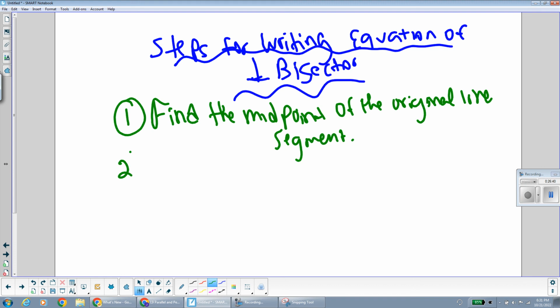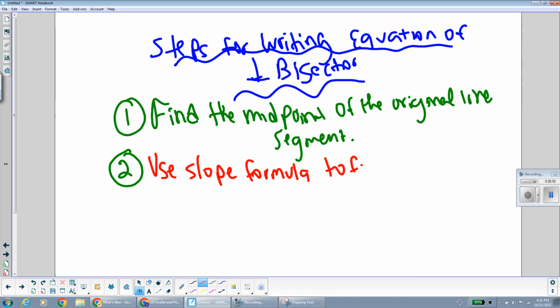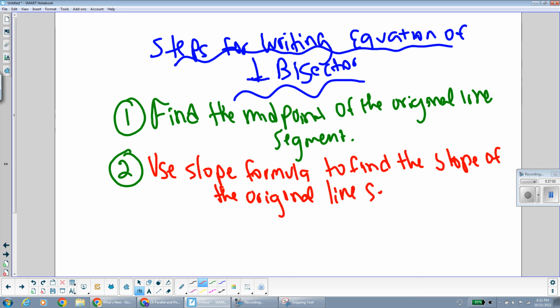Step 2, we need our slope. So you can use the slope formula, or if you have a graph, you can use rise over run to find the slope of the original line segment.